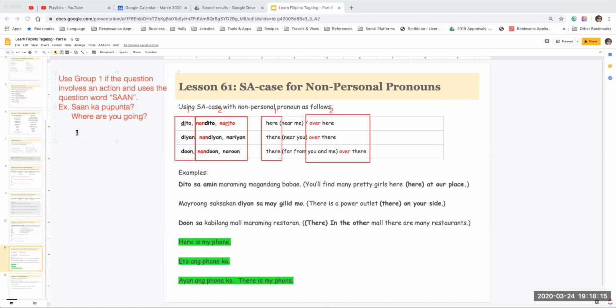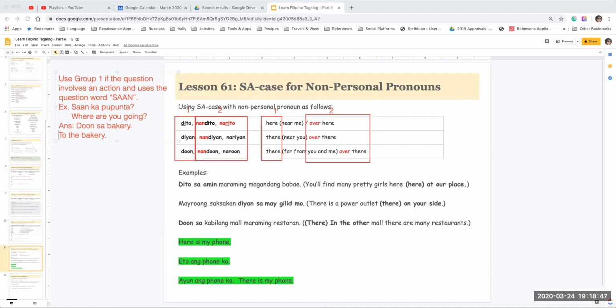Where are you going?" you say doon, like over there, doon sa bakery. Doon sa means to the bakery, over there to the bakery. But doon means there, to the bakery or at the bakery. So that is the answer to that.